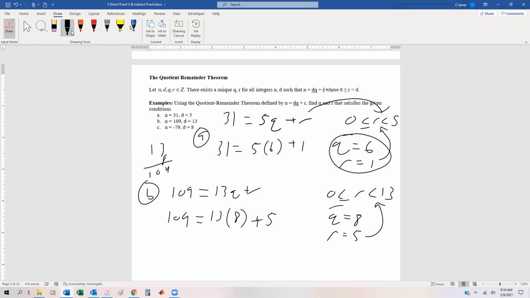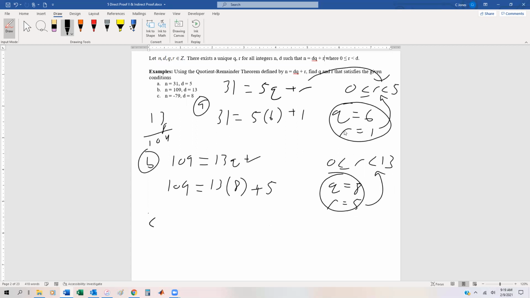And that fits the domain from 0 to 13. All right. Now, for a negative number, it's still possible. So we can say negative 79 for letter C is going to be equal to 8 times q plus r. Now, r is going to be between 0 and 8.